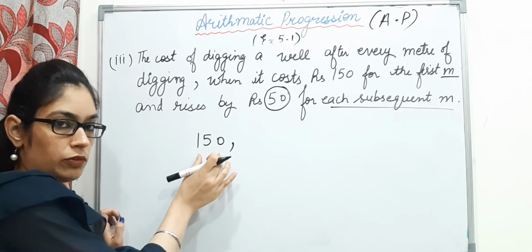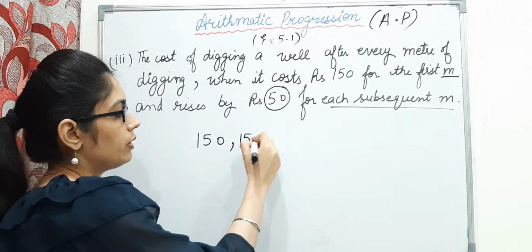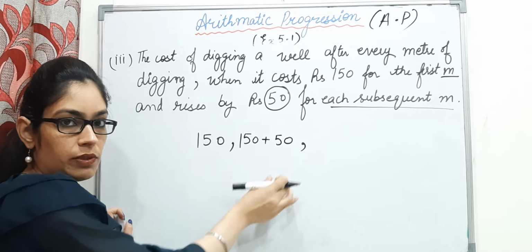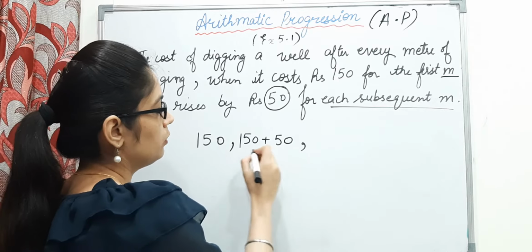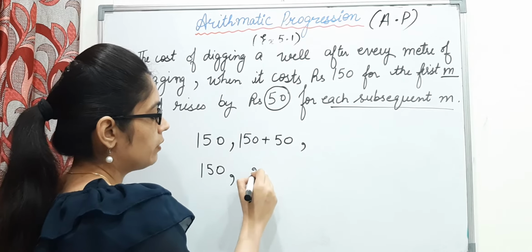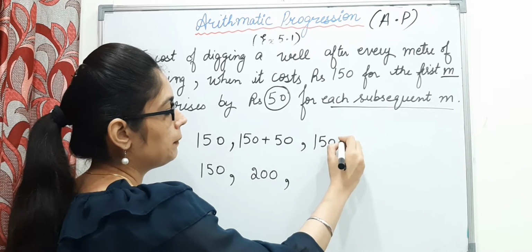So 150 will be our first term. So the second will be 150 plus 50, because an additional 50 will be charged for each subsequent meter. So it is 150, 150 plus 50, 200, again plus 50.